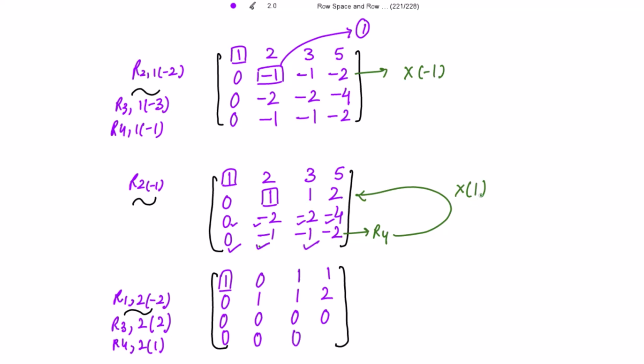And 2 times 1 is 2, adding this to -2 we get again 0. So this 1 now becomes the leading element for row 2, and this matrix is now in row echelon form.